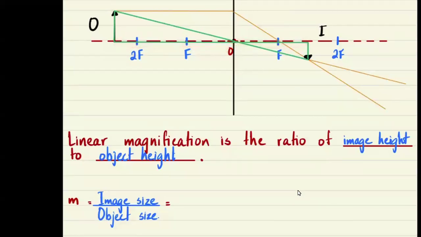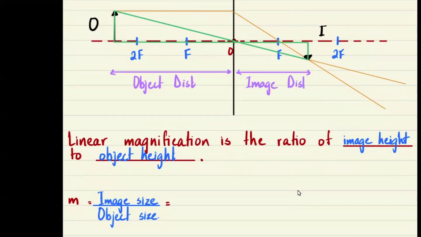So if I further define a few terms here, this being object distance, this being image distance, I can state the magnification as the image distance, measured from the lens, divided by the object distance.